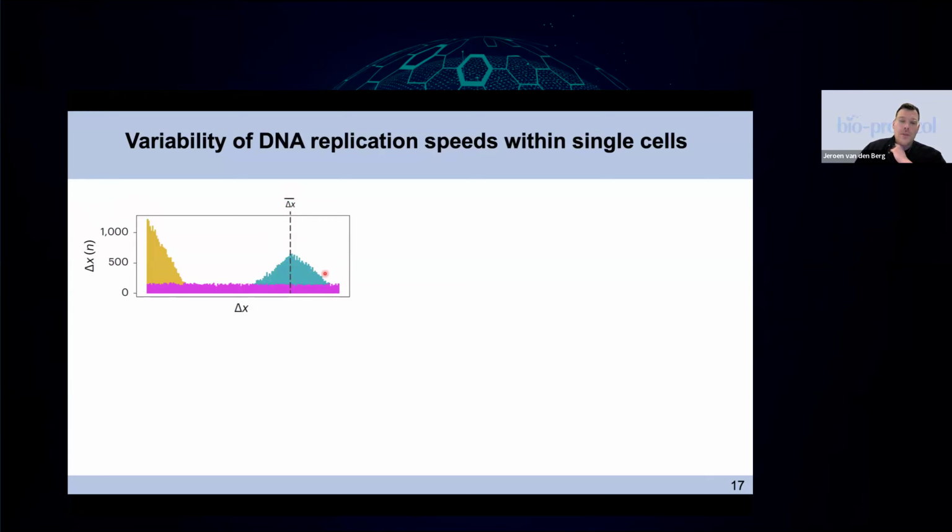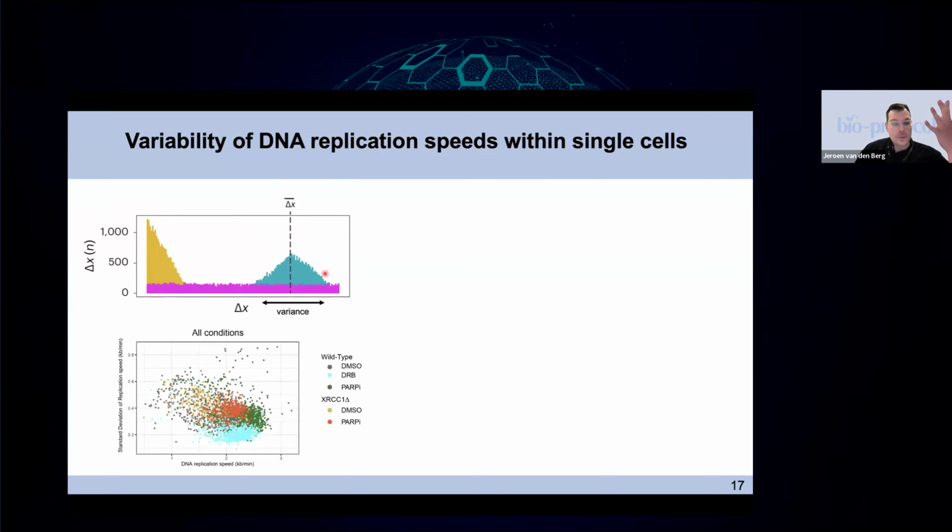But of course, the distribution is defined by more than just the mean. We can also quantify the variance of this distribution. So basically, how wide is this? And how we interpret the width of this distribution is how similar all DNA replication forks are progressing in a single cell.